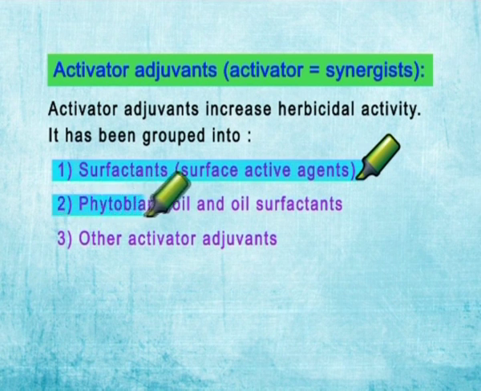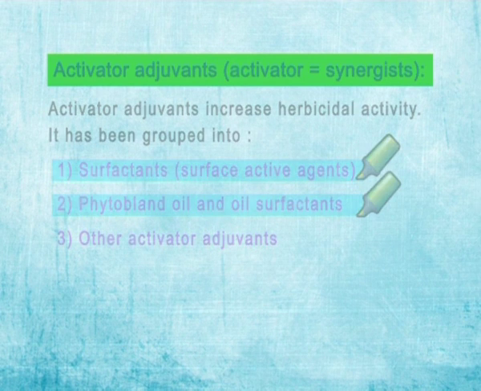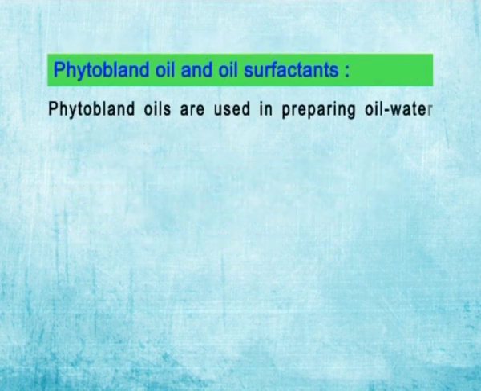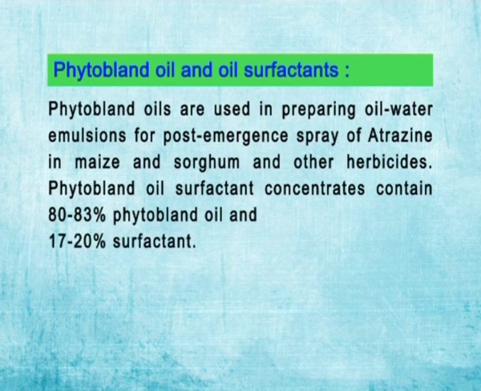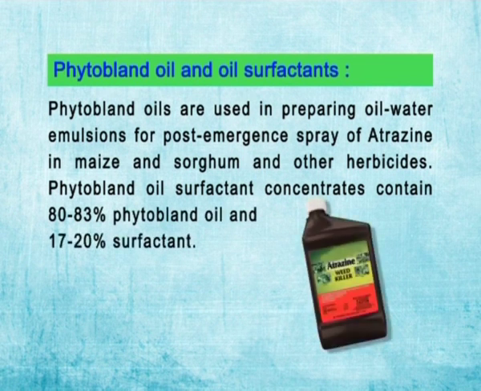Number 2. Phytoblend oil and oil surfactants. Phytoblend oils are used in preparing oil-water emulsions for post-emergence spray of atrazine in maize and sorghum and other herbicides. Phytoblend oil surfactant concentrates contain 80 to 83% phytoblend oil and 17 to 20% surfactant.